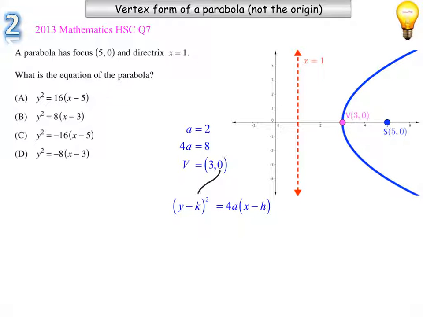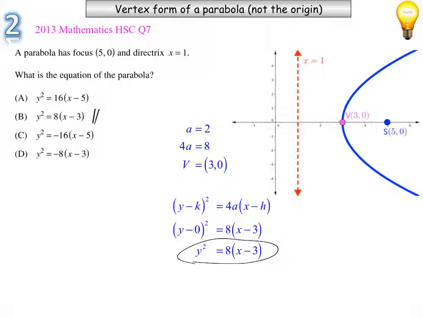So this is where the k value comes from, and this is where the h value comes from. Substitute and then simplify that. So our equation of this particular parabola with these criteria, the focus and the directrix, is going to be y squared is equal to 8 brackets x take away 3.